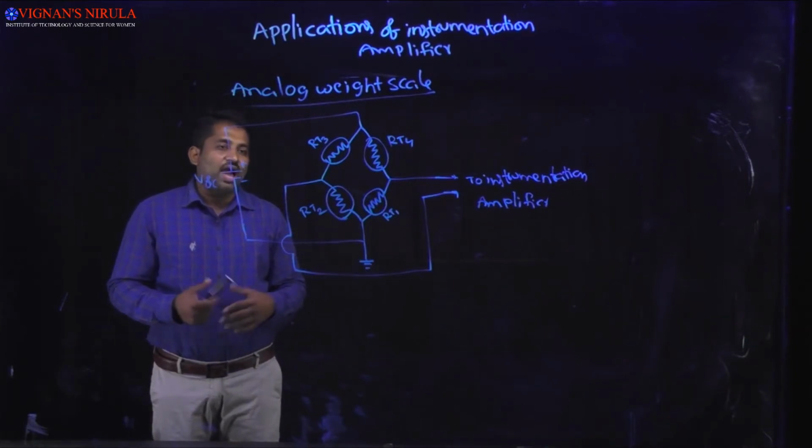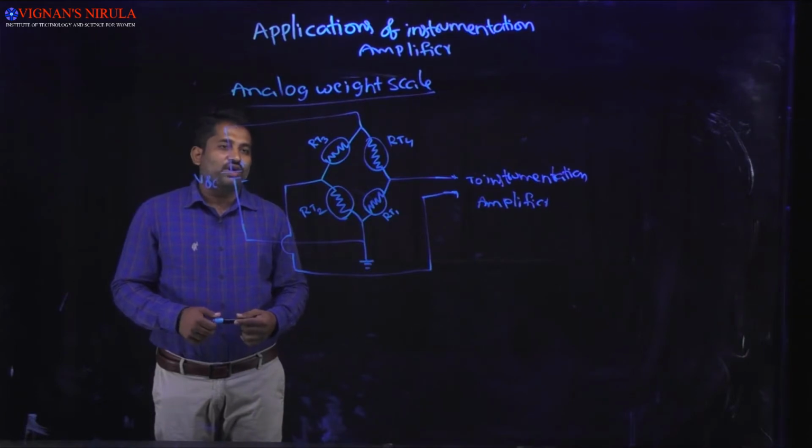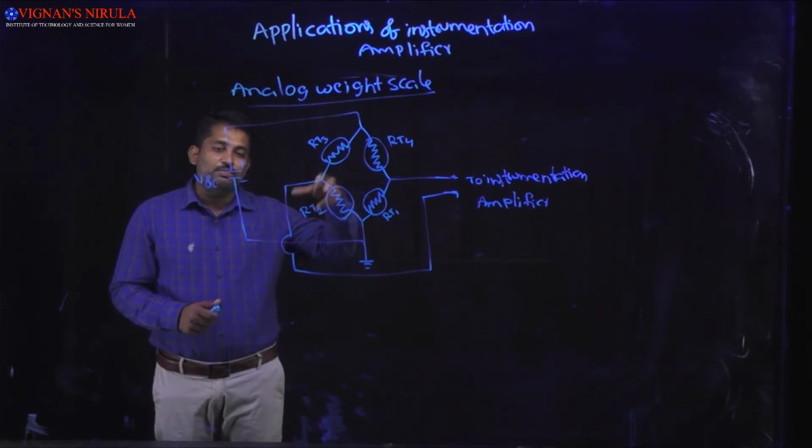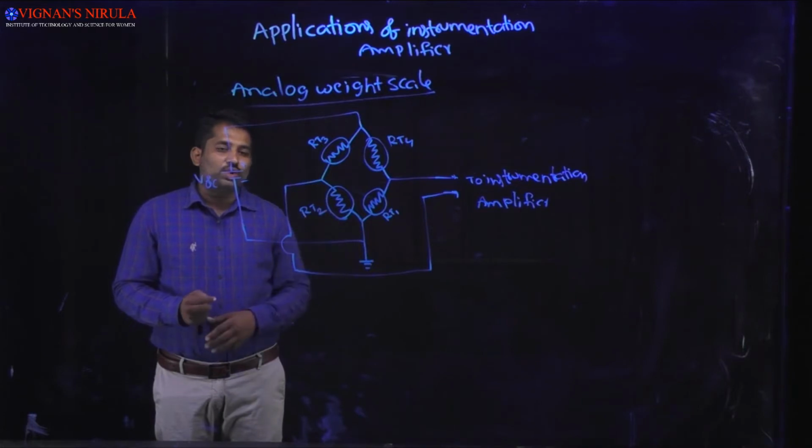So here I am considering that RT1 and RT3 resistances decrease when the weight is placed on the platform, and RT2 and RT4 increase.